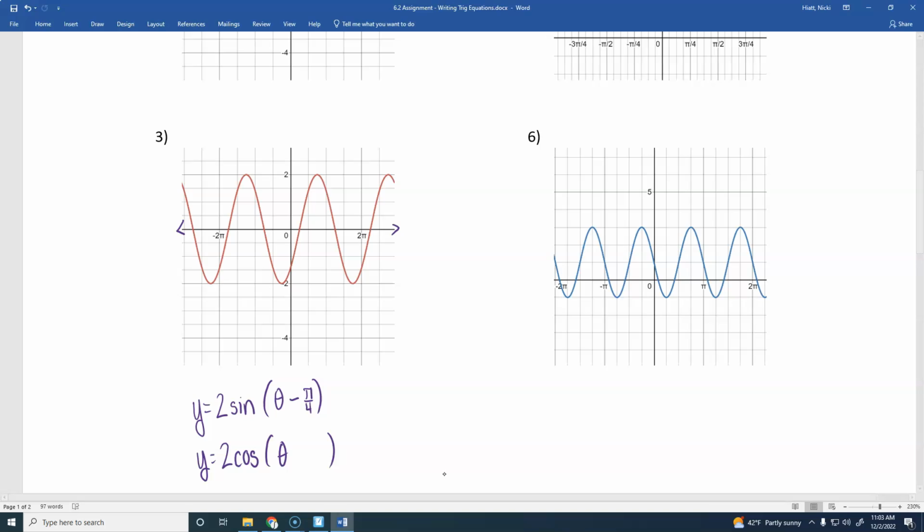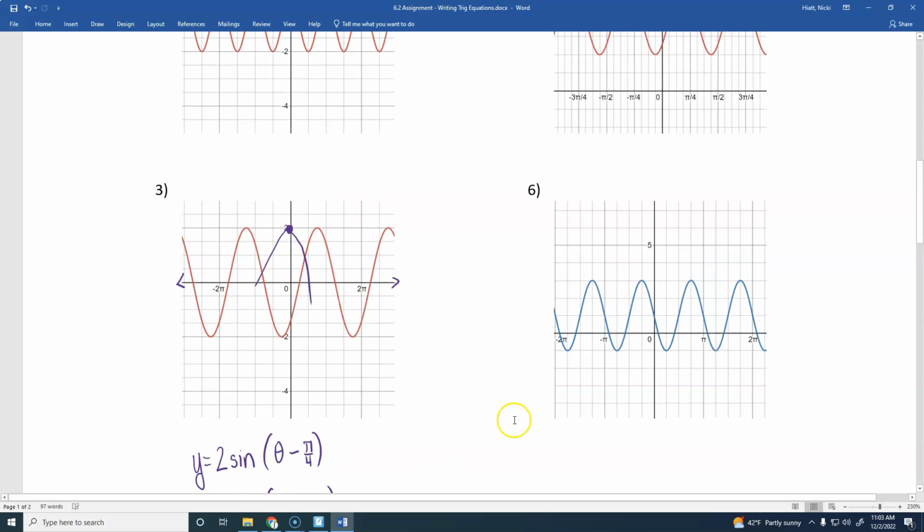Cosine, originally, if I have not shifted it left or right, would have a y-intercept at a maximum point. So I could move it to the right or to the left. It really doesn't matter. I will say that usually on multiple choice sort of things, I've moved it the shortest distance, right? So it would be a little bit shorter to move it to the right here.